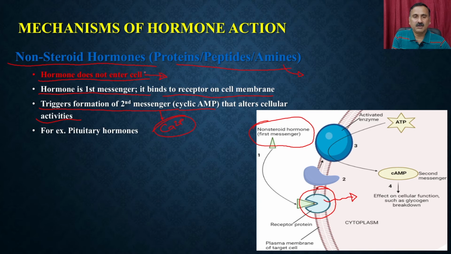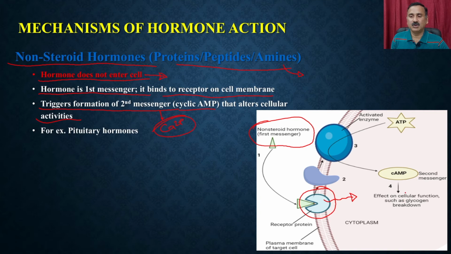So the non-steroid hormones are not directly altering the gene expression profiling or the protein productions, but they will be indirectly doing that. How will they do it? They will be binding to the receptor which is present on the plasma membrane, and then it is going to produce the secondary messengers, whether it is calcium or inositol phosphate or the cyclic AMP.